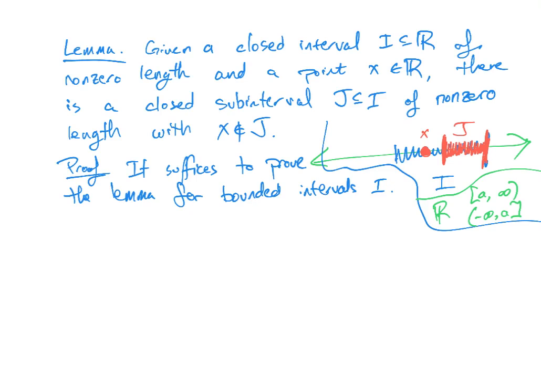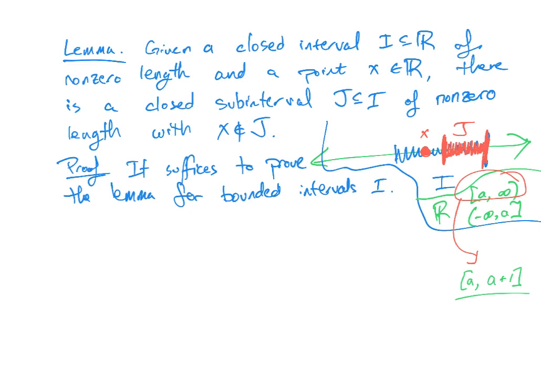If you were given an unbounded interval, then the bounded interval that you choose would contain x? No. Let's say you want to prove the lemma for this interval that goes from a to infinity. I would say we'll apply the lemma to the closed interval from a to a plus 1.